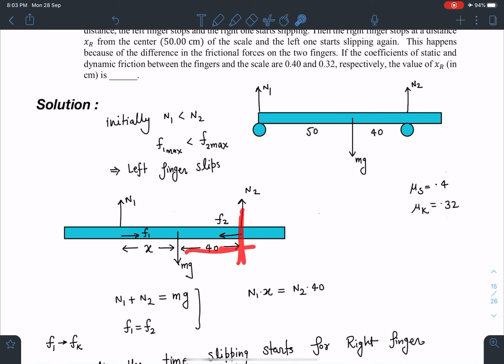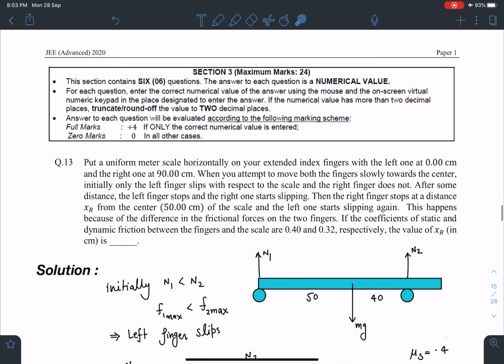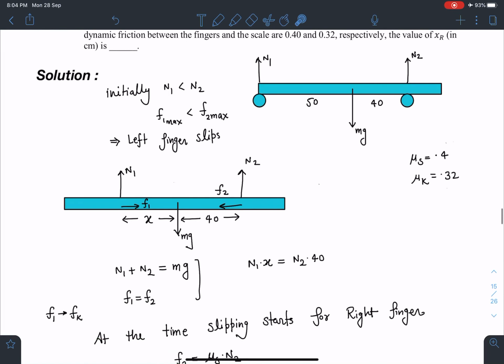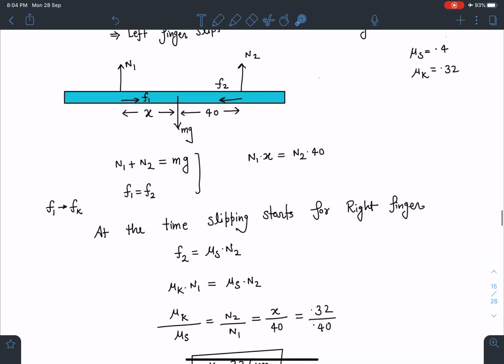So this distance remains 40 and this distance becomes x. As time changes, we are bringing this finger closer and closer. At one point they are saying that here it will stop and this will start sliding towards the right. So again we are having the same two relations: n1 plus n2 is mg, however I'm not using it.